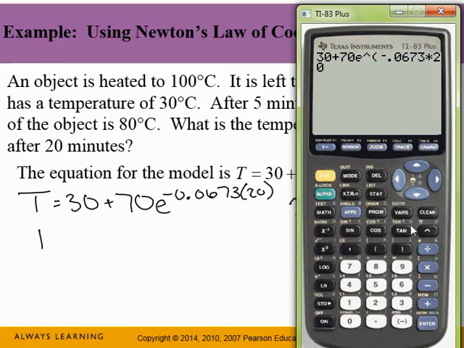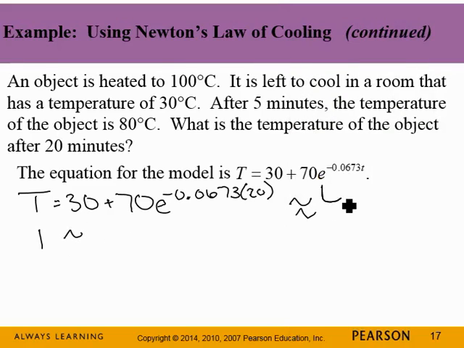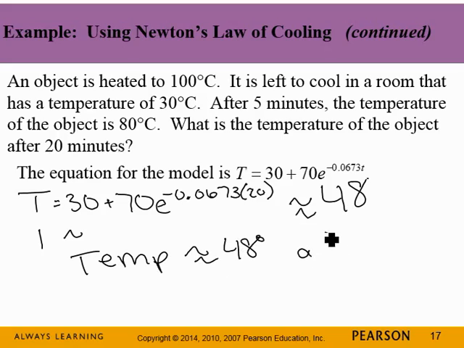Multiply that by 20. So you get 48.21955, etc. So you have about 48. So the temperature is about 48 degrees after 20 minutes.